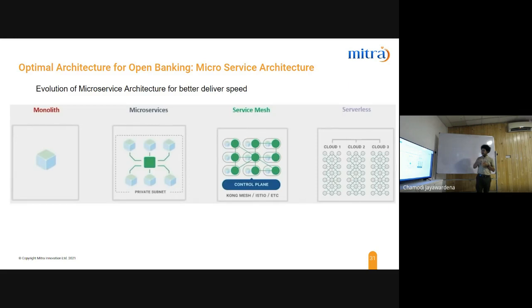If we consider the service mesh architecture, they would have sidecars inside the microservices, which can communicate as a separate network that can be controlled separately. So that is more suitable in this kind of architecture. On the right-hand side is the serverless architecture that we have to discuss further, but service mesh is much more suitable here.